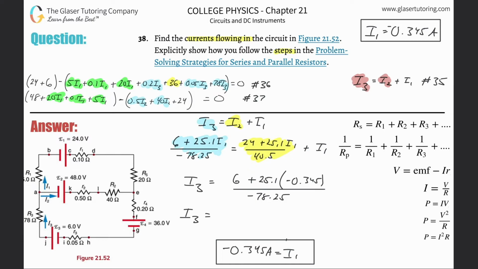So it's going to be 6 plus now 25.1 times a negative, I'm going to use the exact value from the calculator, all right, and then divide that whole thing by now negative 78.25. Notice how it works out to be positive, all right? So it's now 0.0340, I guess, considering the rounding, okay?